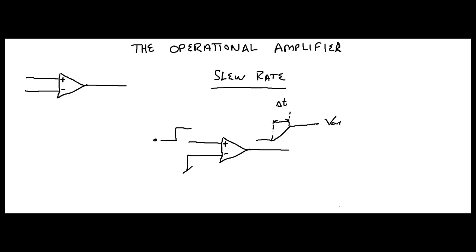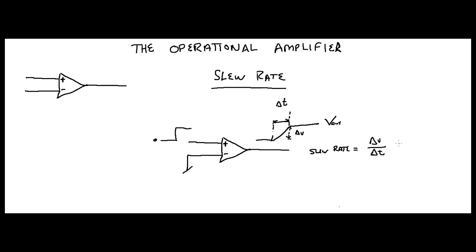We're interested in that time, and we're also interested in this voltage right here, the change in voltage. So your slew rate is going to equal your change in voltage over your change in time, right?